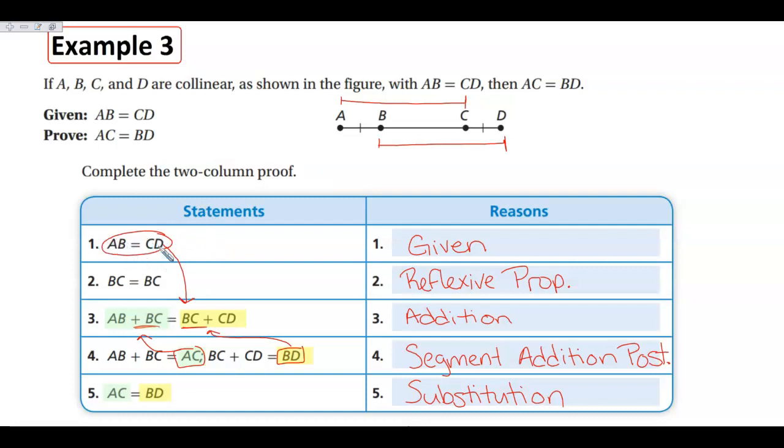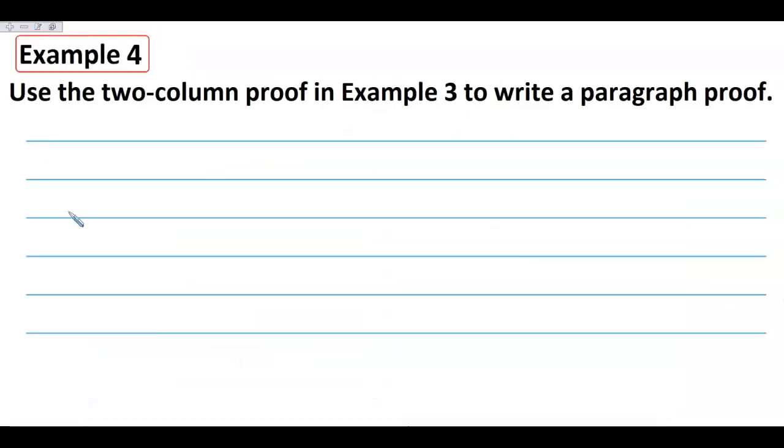If I look here, I have AB equals CD, and it is given to me. So what I'm going to do when I come over here is I'm going to write, it is given that AB is equal to CD. So all I'm doing is I'm just taking that first line and I'm writing it as a sentence. Okay?